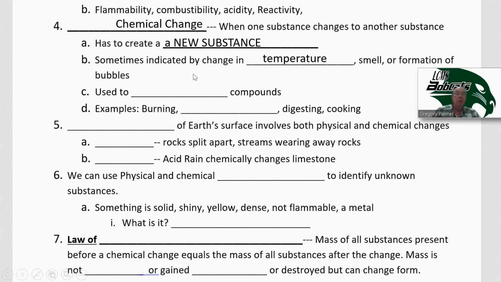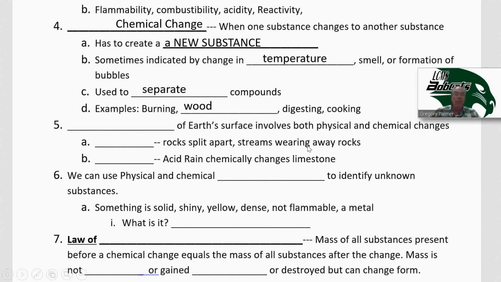Okay. Chemical changes are sometimes indicated by a change in temperature, smell, the formation of a gas or bubbles. Okay. And we saw how Bill Nye used chemical changes to separate water into hydrogen and oxygen. Examples, when you burn wood or digesting or cooking, all those things are chemical changes.